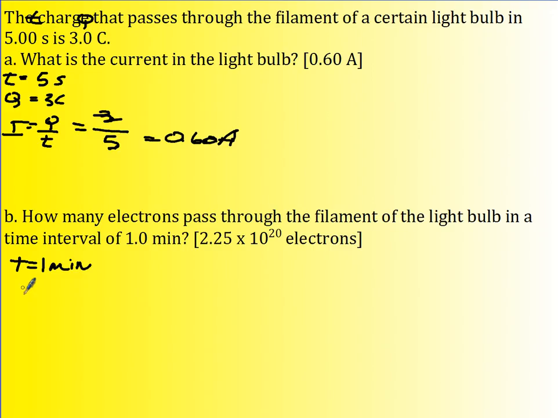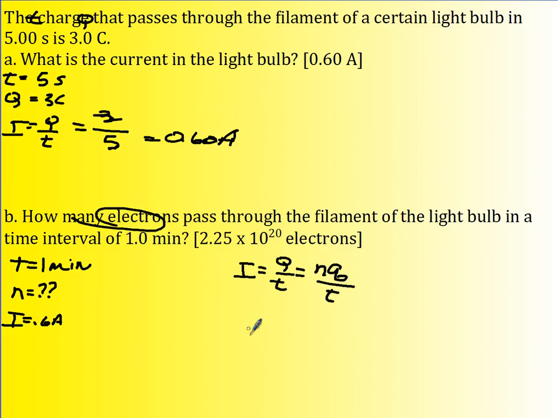I want the number of electrons. So let's look at this. I is the total charge divided by the time. Now, the total charge is N times the charge on one electron, divided by the time. So I'm looking for the number of electrons. So N is going to be the current times time divided by the charge of one electron.